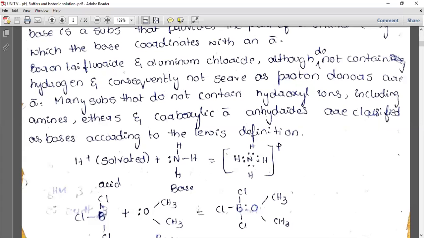So whatever definitions you give, ma'am, all are right. An acid is one which will give H plus ion. A base is the one which gives hydroxyl ion, right? This is according to Arrhenius theory, which is right. According to Bronsted-Lowry theory, an acid is the one which will give up a proton, and a base is the one which will accept the proton.